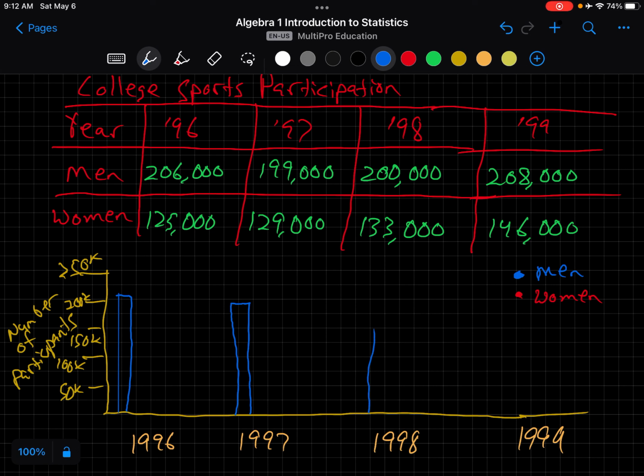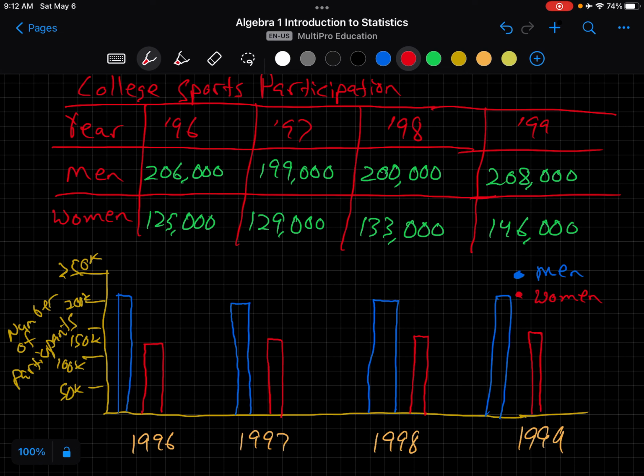In 1998, we had exactly 200,000. 1999, we had 208,000. Now, let's look at the women. We had 125,000 in 1996. In 1997, we had 129,000. In 1998, we had 133,000. And then we had 146,000 in 1999.